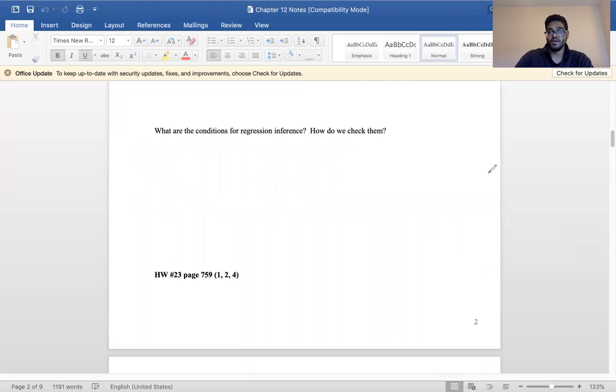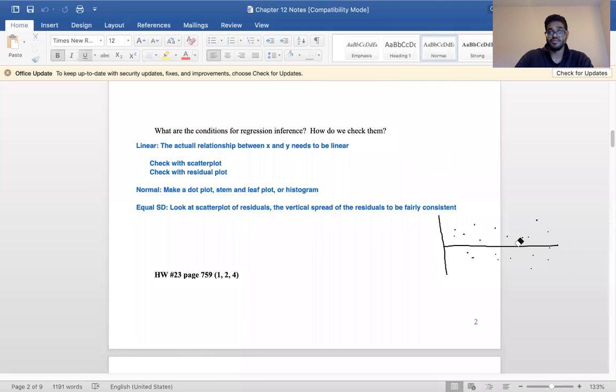What you don't want to see is a residual plot that looks unequal. So it's either going to start really spread out, and then it gets narrower and narrower as you go along, right?